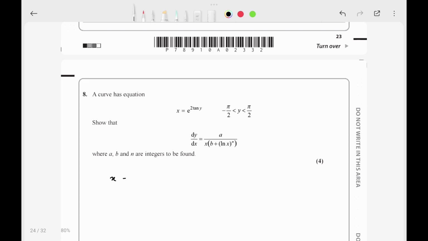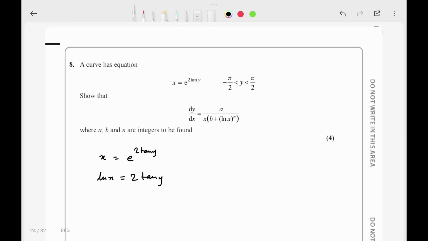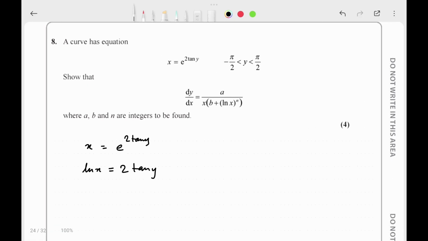So x is equal to e to the power 2 tan y. Ln x, we're going to take ln on both sides. Ln x equals 2 tan y. So tan y is basically equal to ln x by 2.